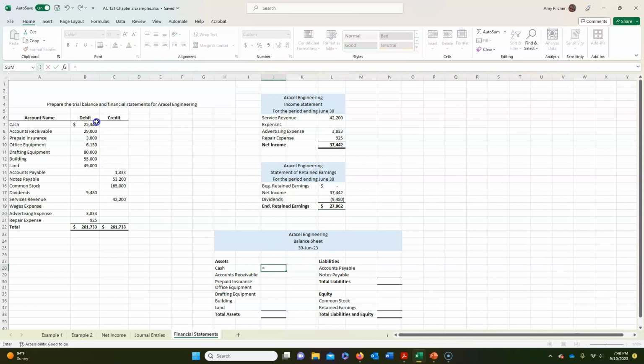Okay, now we have cash. And I'm going to try to copy this down and see if it works to bring those over. And it doesn't work. So I'm actually just going to type these in. For some reason, I'm having formatting problems with these columns.